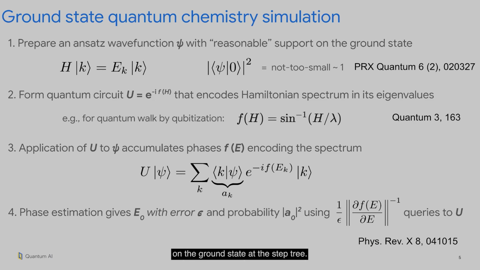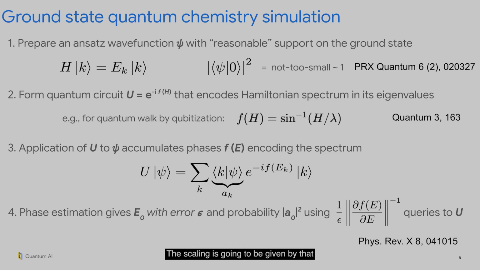That is step 3. If you apply this U multiple times onto your initial state, then the ground state will accumulate the phase. And when this phase gets bigger and bigger, there's a way to estimate what this phase is by various flavors of phase estimation algorithms. And we understand very well the complexity of estimating this phase to any desired accuracy epsilon.